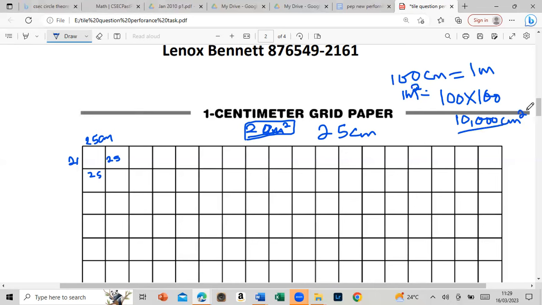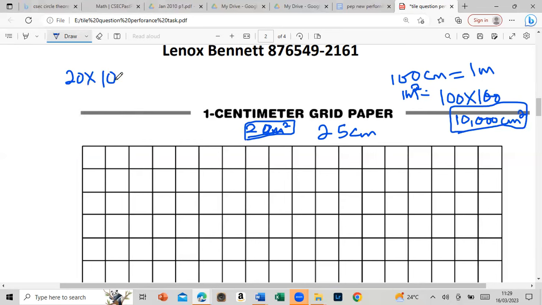Remember, square means multiply the length times the length. So one of these is basically 1. So for 20 of them, how much would it be? Just say 20 multiplied by 10,000.